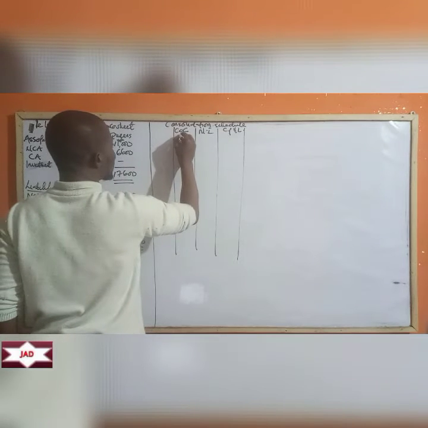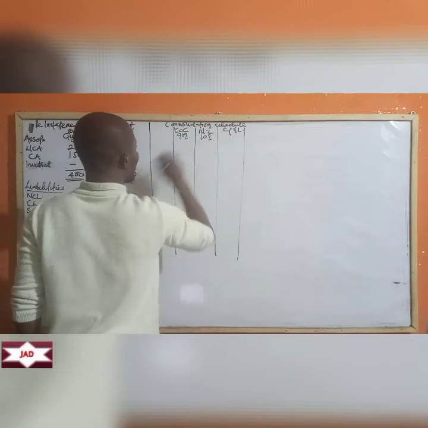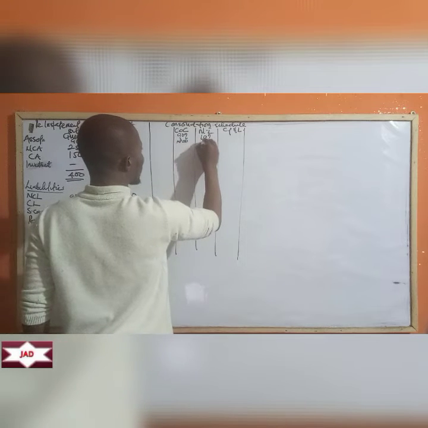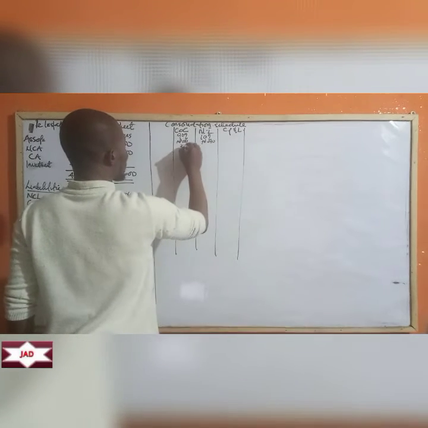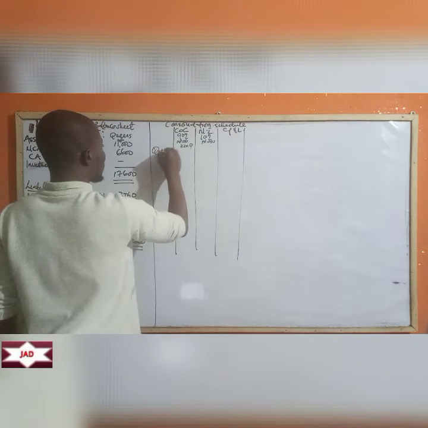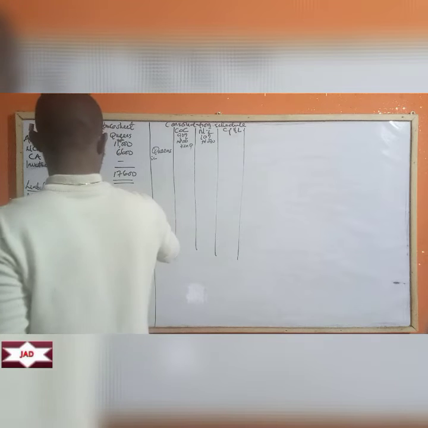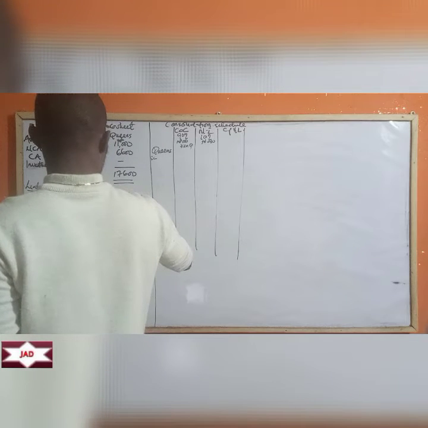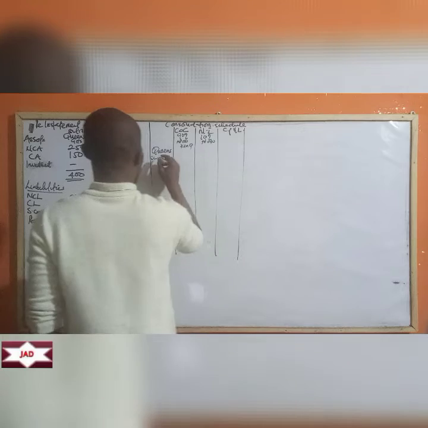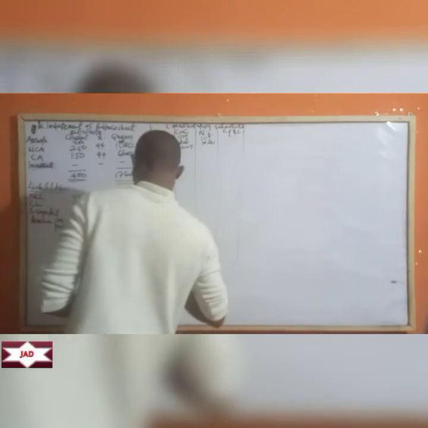So here, I think it's 90%, 10%. So this is Kings and Queens. We have Queens' share capital, which is 5,760.